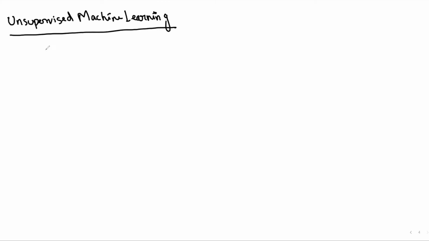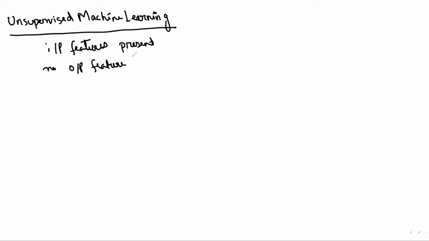So unsupervised machine learning is something that deals with only input features. In the data, we will have only input features. There will be no output feature.